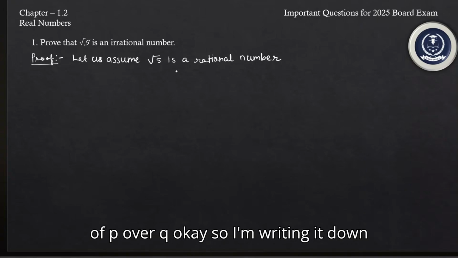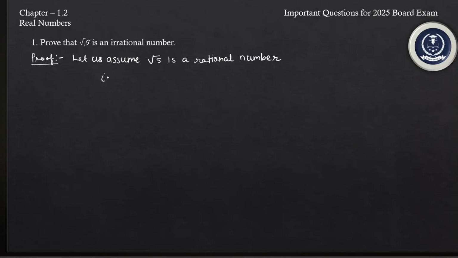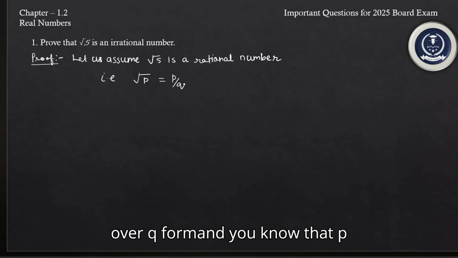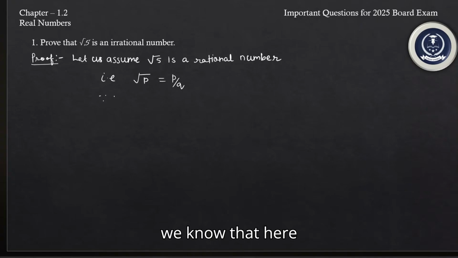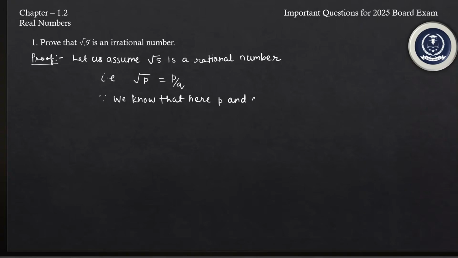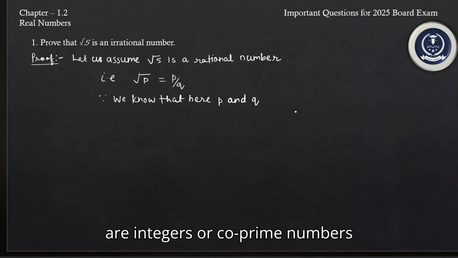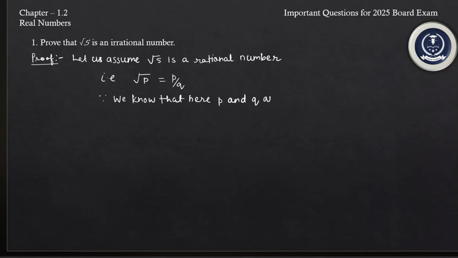So I'm writing it down here: root 5 is in the p over q form, and we know that here p and q are integers and co-prime numbers.